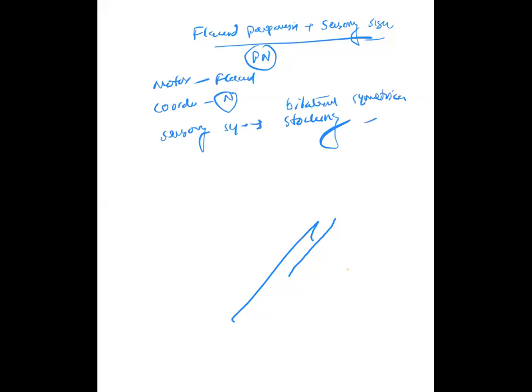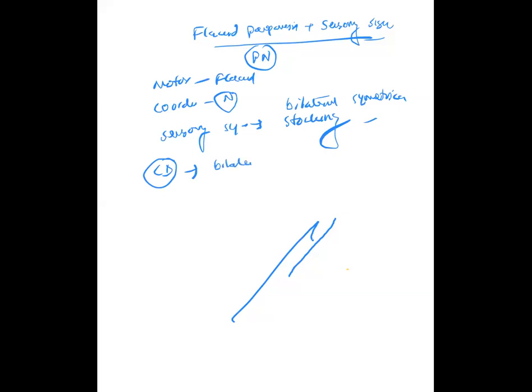So my diagnosis, this is a case of bilateral, symmetrical, distal sensorimotor neuropathy. This is a clinical diagnosis. So this clinical diagnosis, you can say flaccid paraparesis with loss of sensation in a stocking pattern, or better to say bilateral, symmetrical, distal sensorimotor neuropathy.